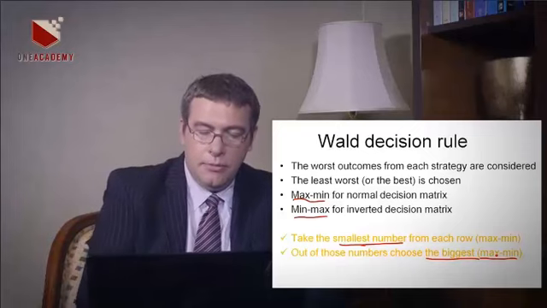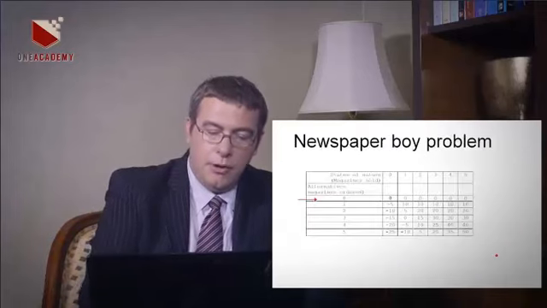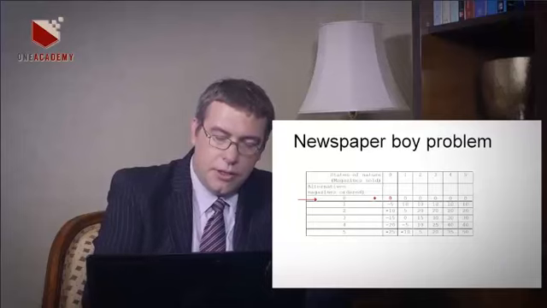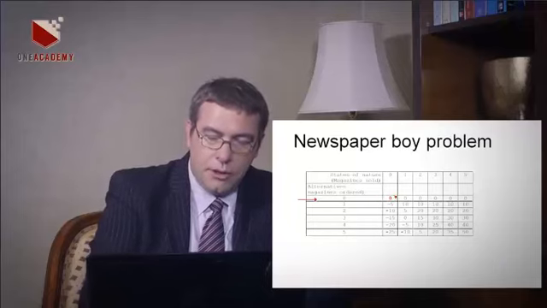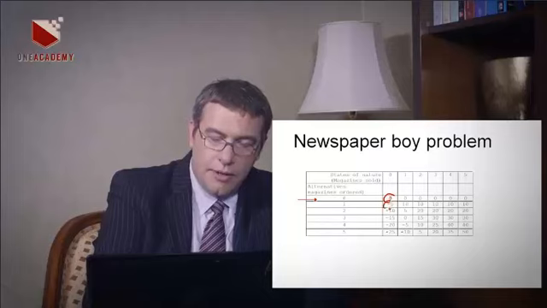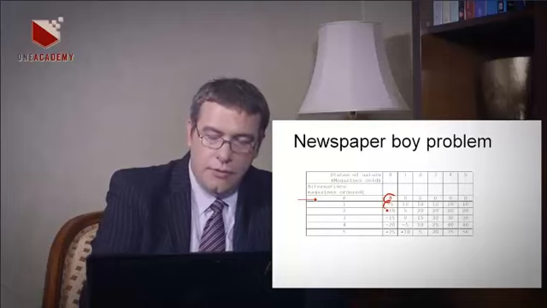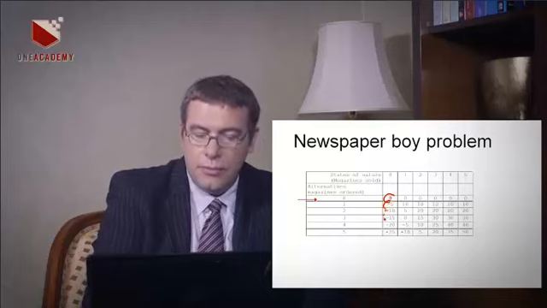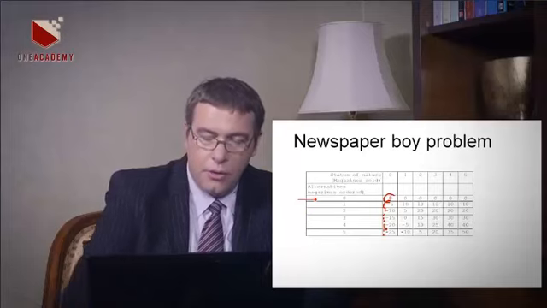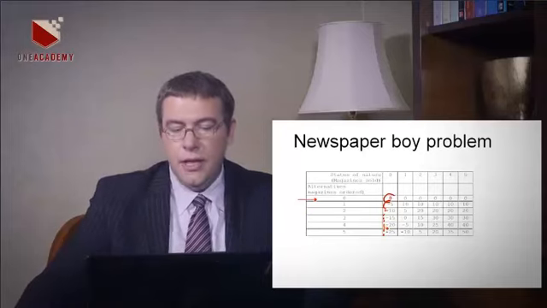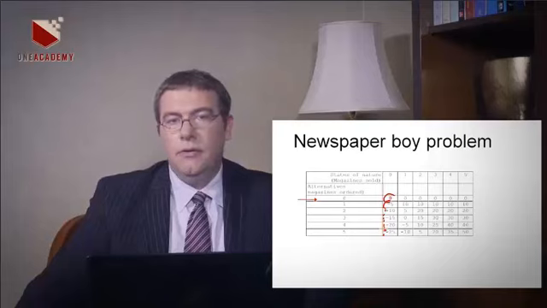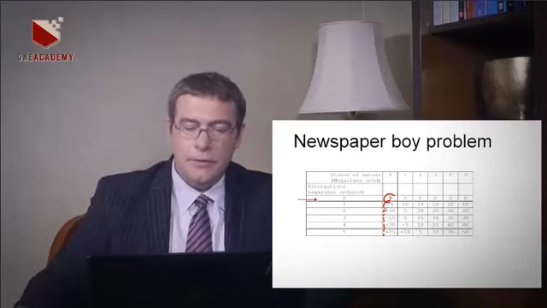The worst possible outcome for alternative 0 is 0. The worst possible outcome for alternative 1 is -5. For alternative 2 is -10, and so on and so forth. They are all here. And which is the least evil out of these possible outcomes?